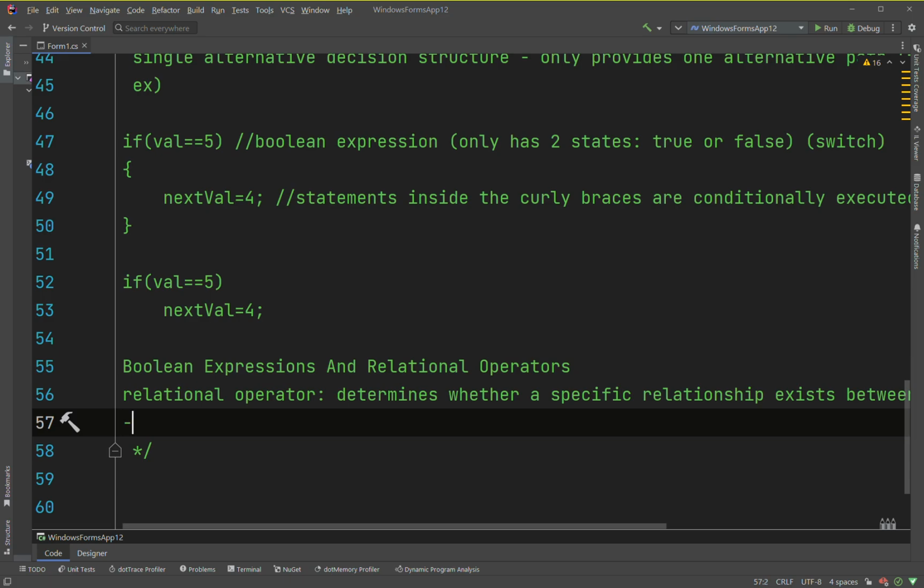So we have more relational operators. So we have the greater than symbol. You've seen that before, obviously.